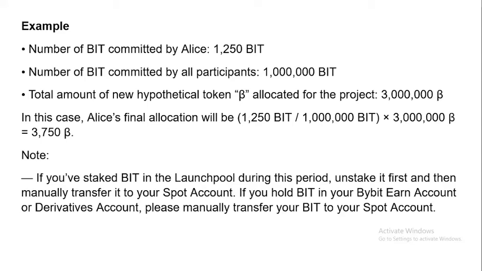In this case, Alice's final allocation will be 1250 BIT over 1 million BIT multiplied by 3 million of the token, which is equal to 3,750 of that token. Note, if you stake BIT in the launch pool during this period, unstake it first and then manually transfer it to your spot account. If you hold BIT in your Bybit Earn account or derivatives account, please manually transfer your BIT to your spot account.